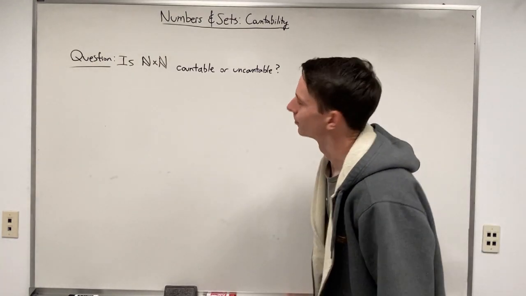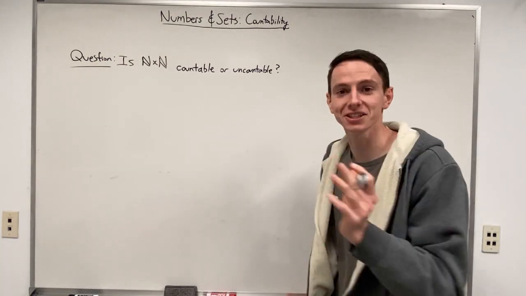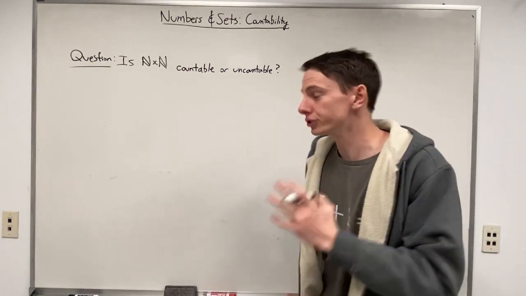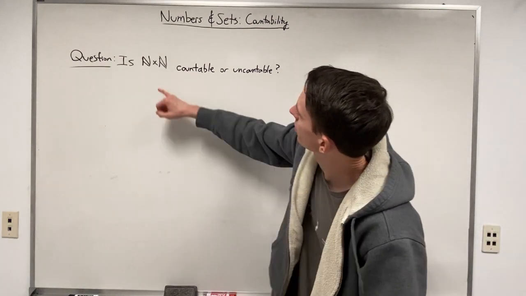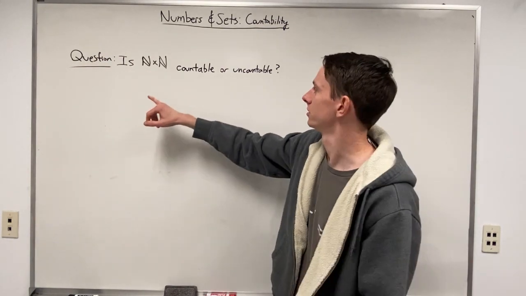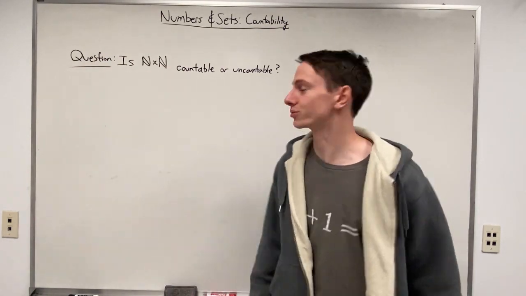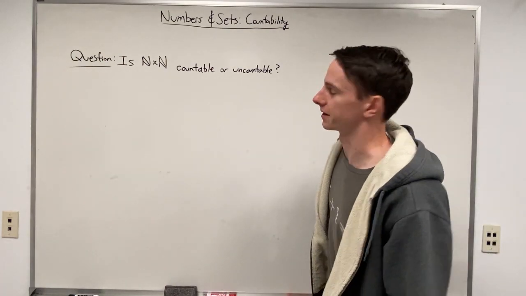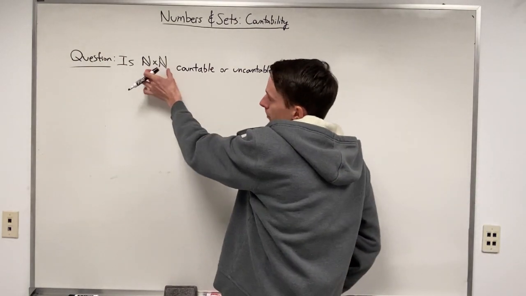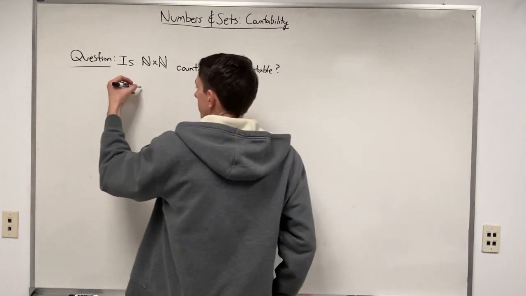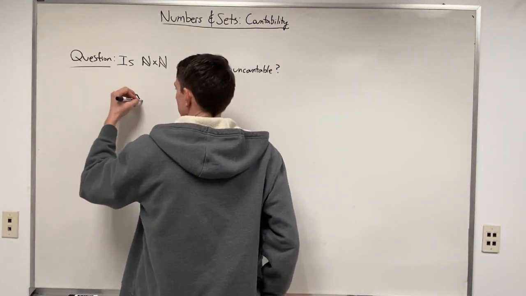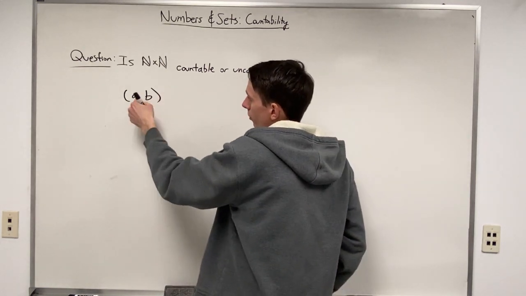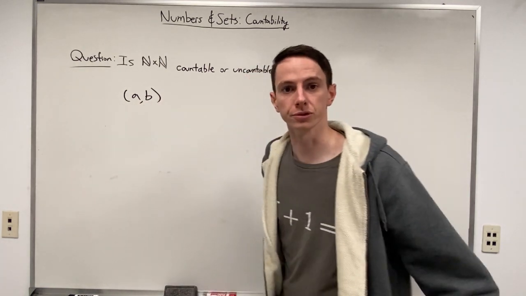All right, so on to the next set that we are interested in. We showed that the naturals and the integers are countable, but what about the Cartesian product, N cross N, or in other words, N squared? Again, this is all ordered pairs, or all elements of the form a comma b, where both a and b are natural numbers.